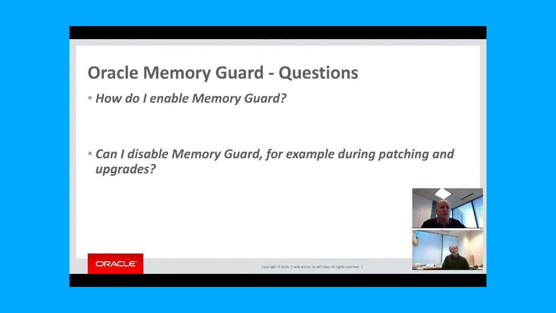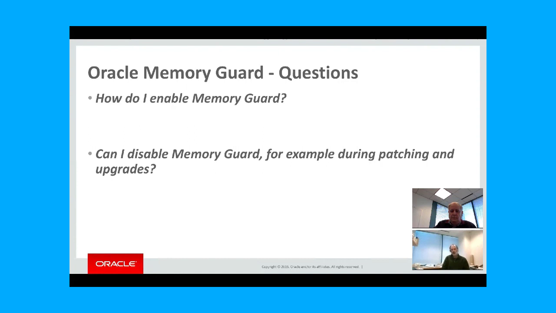So, for example, if I'm doing patching or upgrades, how is Memory Guard handled when my cluster is sort of in turmoil? Okay, so Memory Guard can be disabled. It's generally not necessary. And the reason is because of particularly things like patching and upgrade. Memory Guard's already aware of what to expect in those periods. And so it should respond in an appropriate manner.